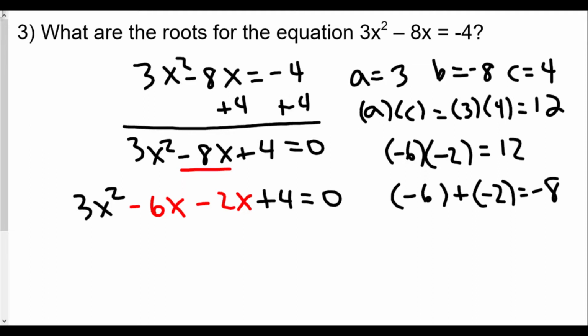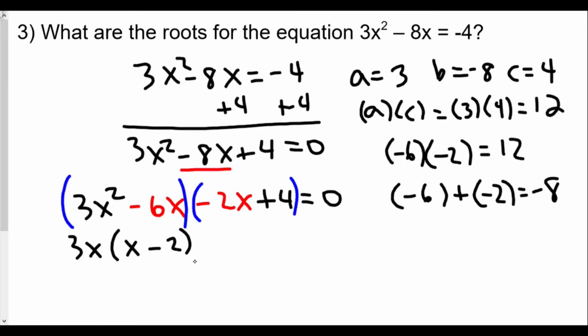What we do is the following. I'm going to group these two terms together and these two terms together and use the greatest common factor. The greatest common factor between 3x squared and negative 6x is going to be 3x, leaving me with x minus 2. Now, for the other pair, I want to be left with x minus 2 as well.